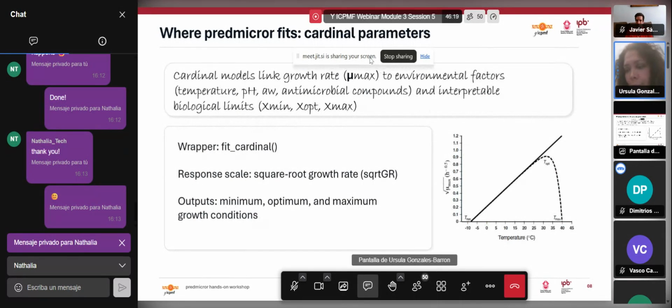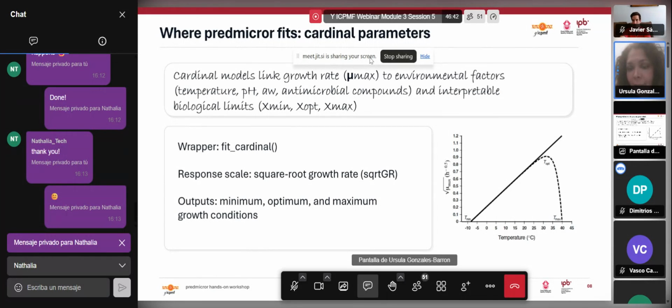And then we move on to the secondary models. The secondary models are a group of models that describe the relationship between the kinetic parameters and the intrinsic or extrinsic factors. The cardinal models are a big family of secondary models for growth.